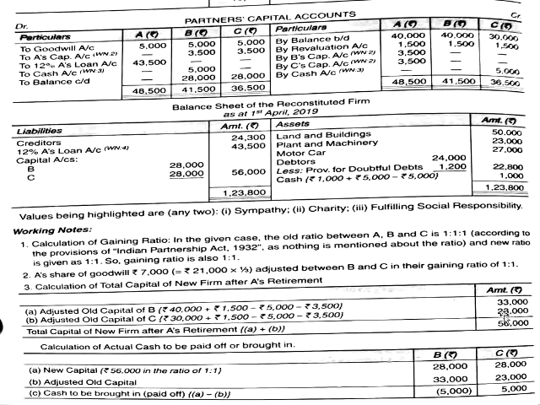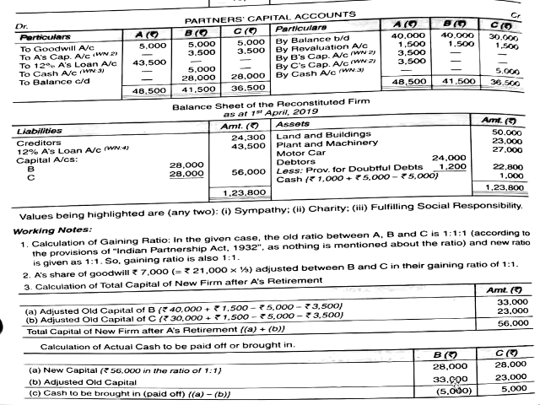Then what steps are you following? First, the new ratio is already given, no need to calculate. Then in the second step you just add the adjusted capital of B and C, that is coming to 56,000. And then in the next step this 56,000 is distributed in the new ratio, and it is coming 28,000 for B and 28,000 for C. Then you compare this new capital with the adjusted capital.